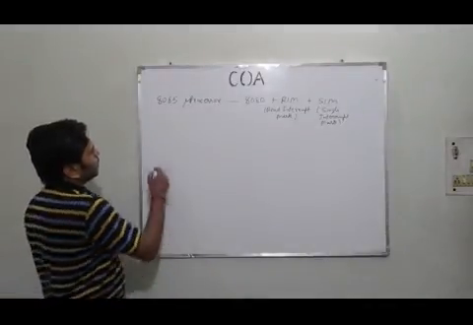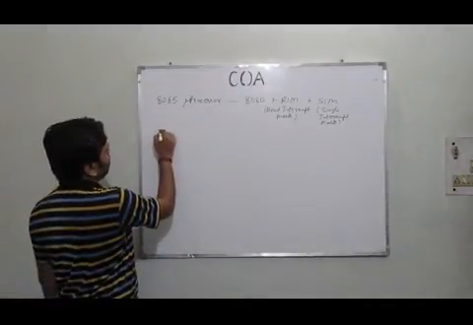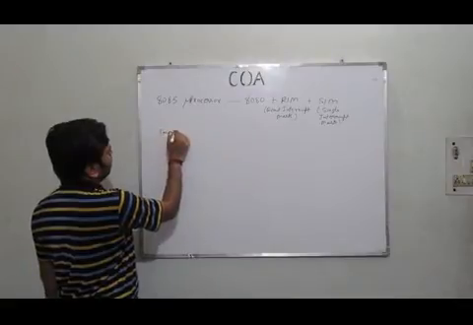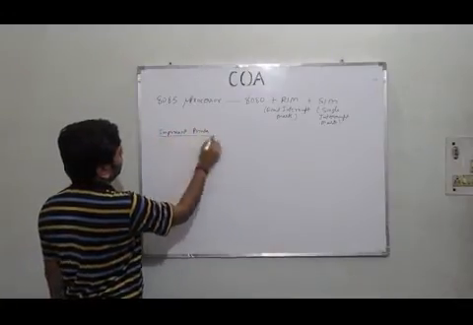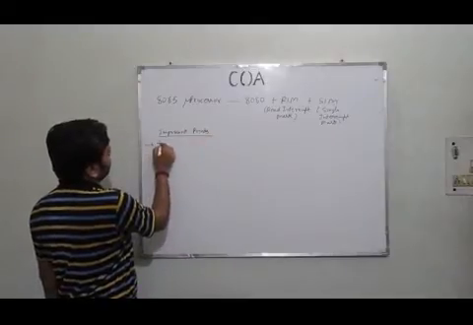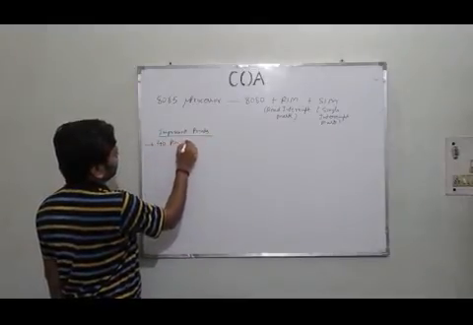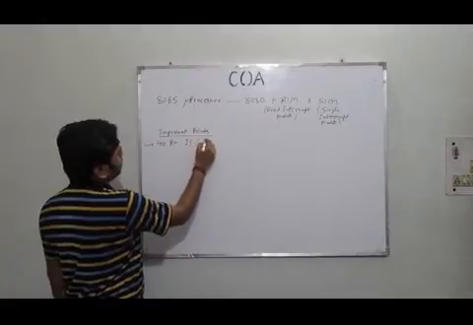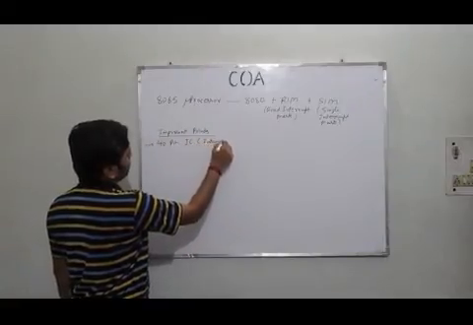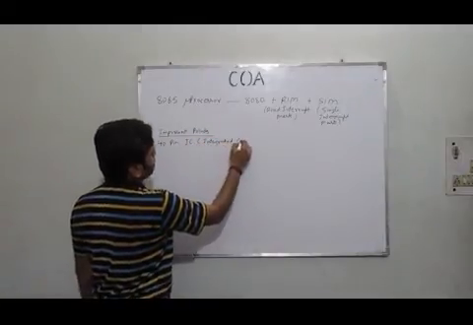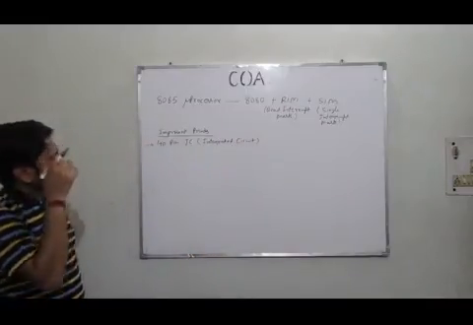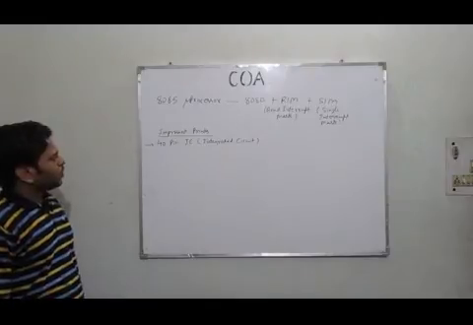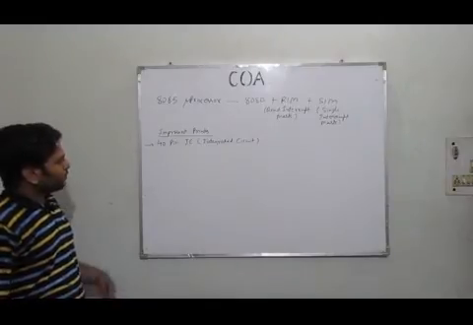Moving on, what are the other points that we have to remember about the 8085 microprocessor? Number one, it is a 40-pin IC, that is, a 40-pin integrated circuit. It has 40 pins that work to perform different operations.